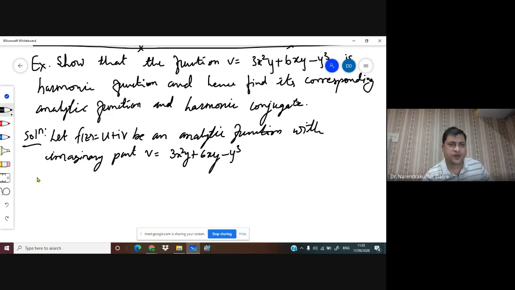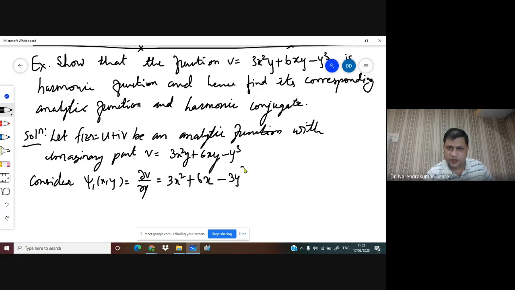Okay, so as the imaginary part is given, we start with the first order derivative with respect to y. So what we have here, consider ψ1(x,y) = ∂v/∂y, equal to 3x² + 6x − 3y².